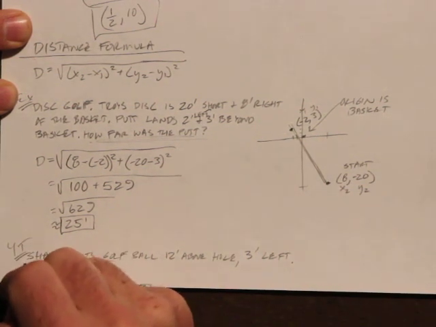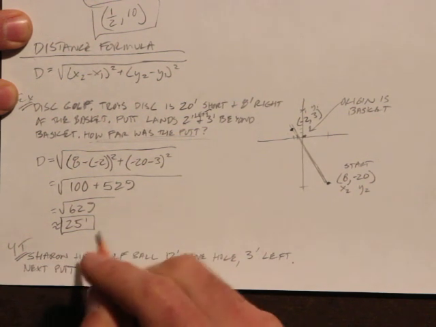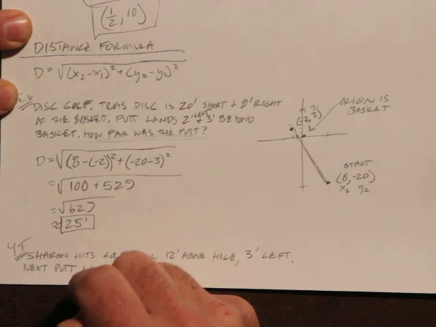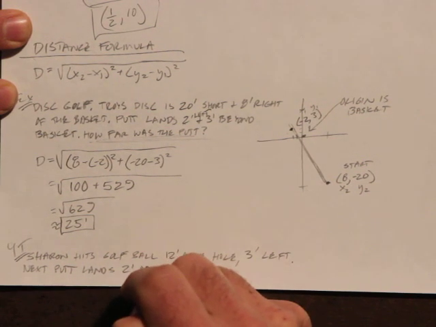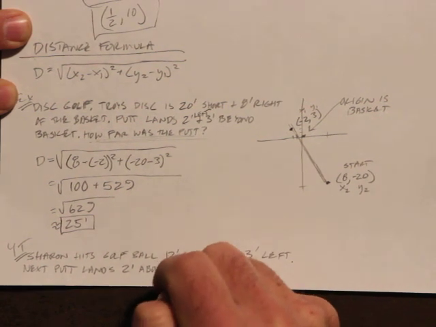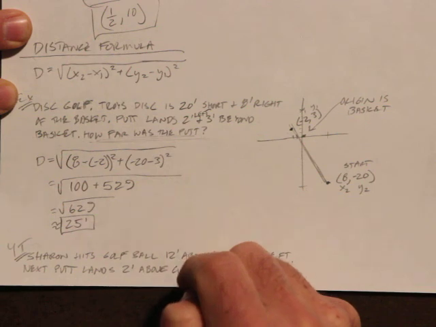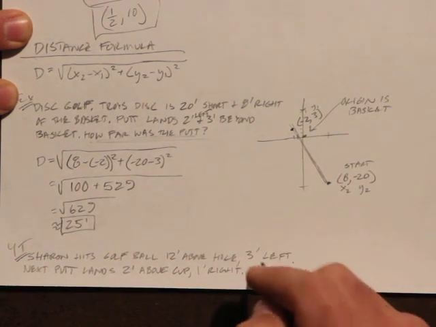Her next putt lands 2 feet above the cup. The cup and the hole are the same thing. And 1 foot to the right of the cup. Tell me the distance.